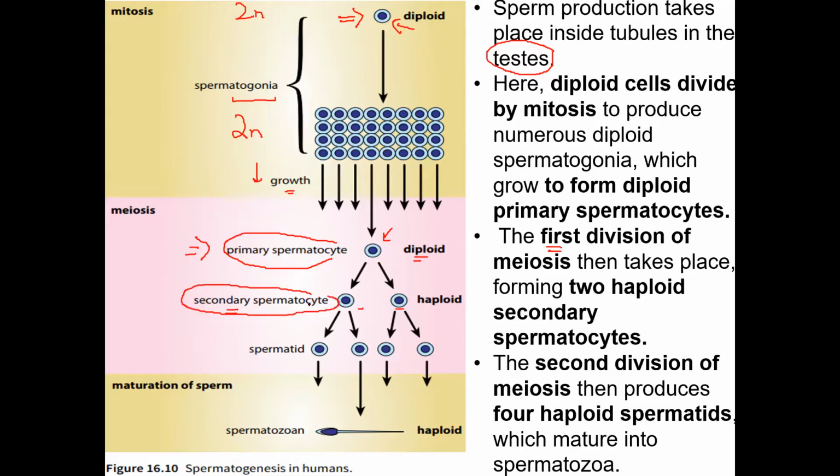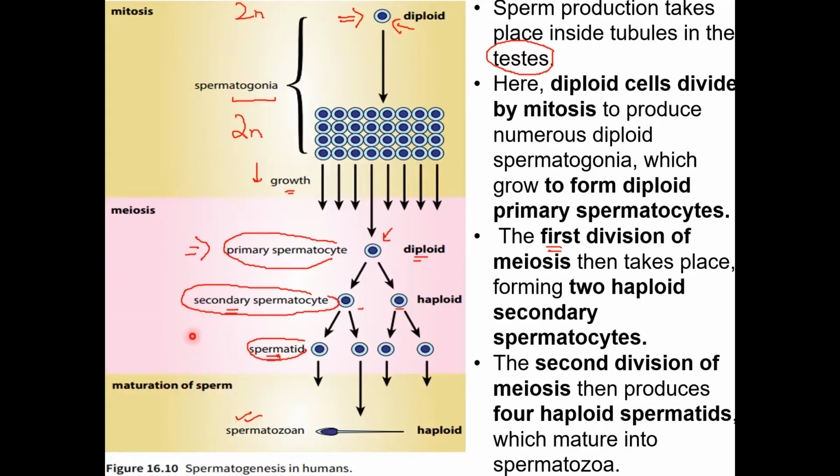Then it undergoes a second meiotic division and forms four haploid spermatids, right? So spermatids are formed at the second meiotic division. After that, each of these haploid spermatids will undergo maturation, and eventually they will form spermatozoa. Spermatozoon is singular, and spermatozoa is plural. So this is the spermatogenesis in humans.